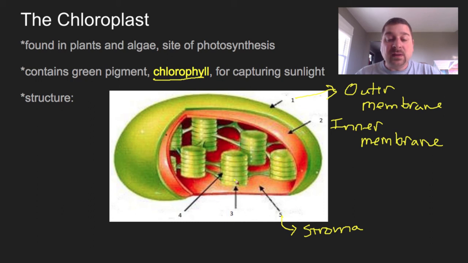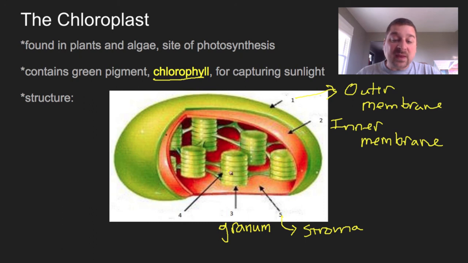Number 3 looks like a little stack of pancakes. That stack is called a granum. Now that is singular. You can see that there are 1, 2, 3, 4, 5 grana in this chloroplast. Singular, though, is just granum.